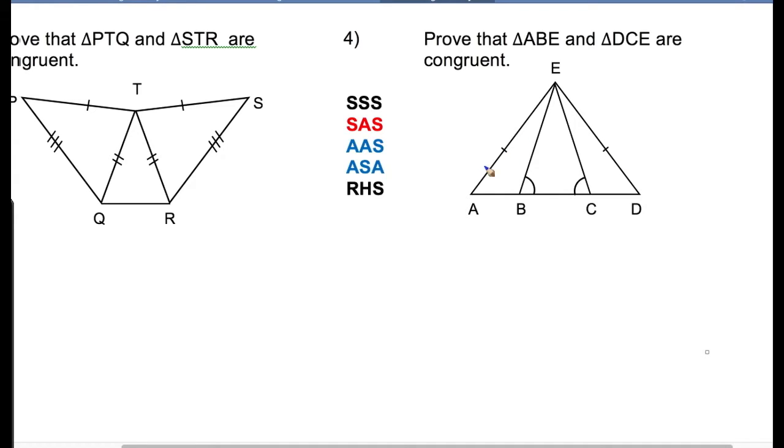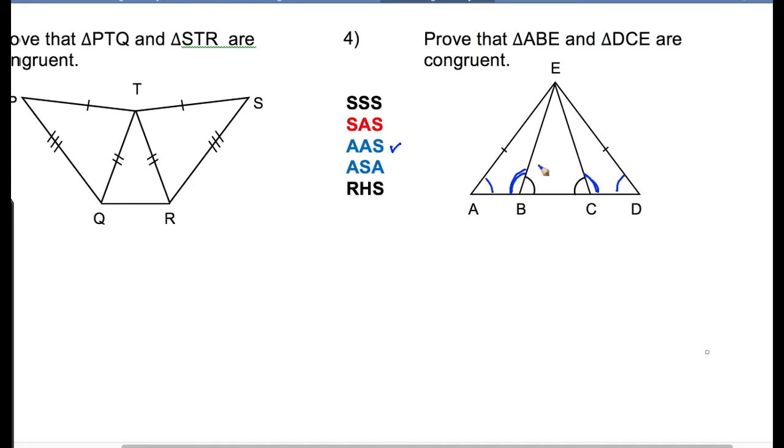Since these two sides are equal, we have an isosceles triangle, which means that these two angles are equal. Now we need one more angle, which is this angle and this angle. Thus, we have a case of angle, angle, side. The side is not between the angles.